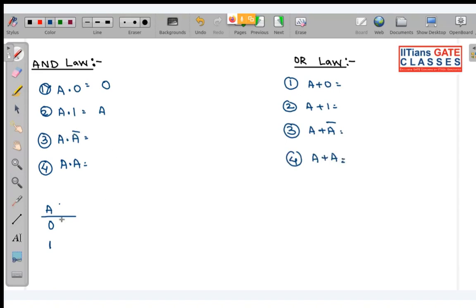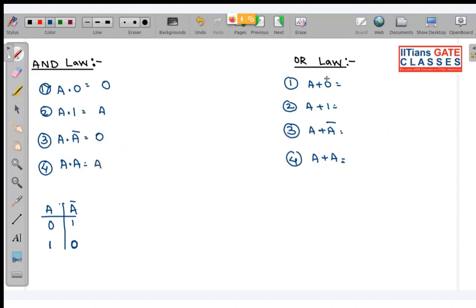Why? Because if A is 0, A complement will be 1, and if A is 1, A complement will be 0. So if you assume A as 0, A complement is 1, so that is 0 dot 1, which will always be 0. And what is A dot A? It is very simple. It will be A.